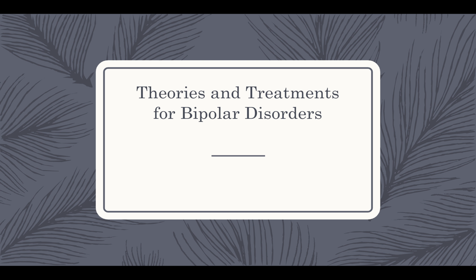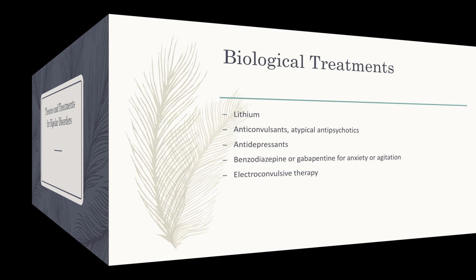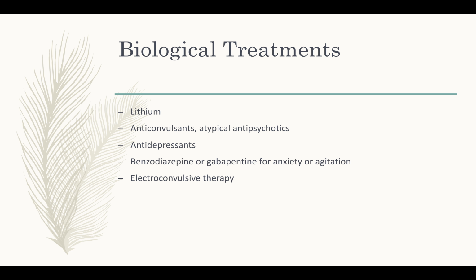So how do we help folks, particularly with bipolar disorders? First and foremost, biological treatments and medication are really considered the first line of treatment for folks with that bipolar diagnosis. Now, the unique thing is that one of the go-to medicines is lithium. Quite frankly, we're not sure exactly why lithium works.